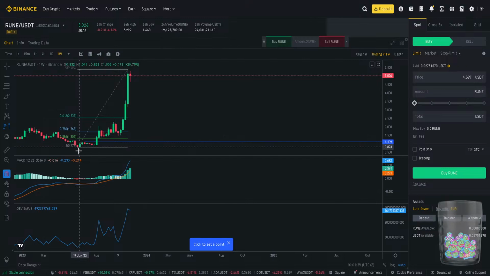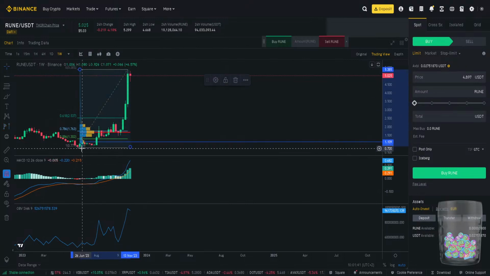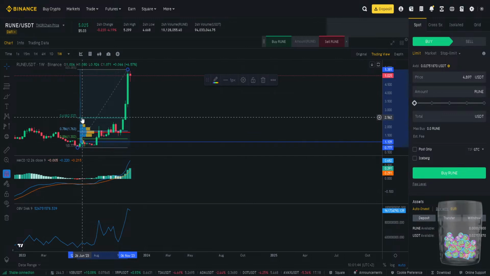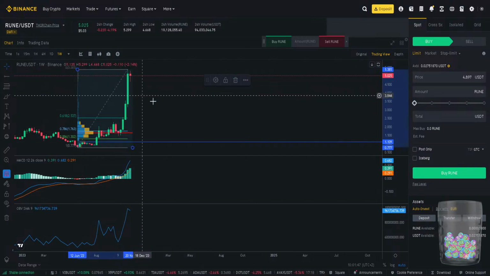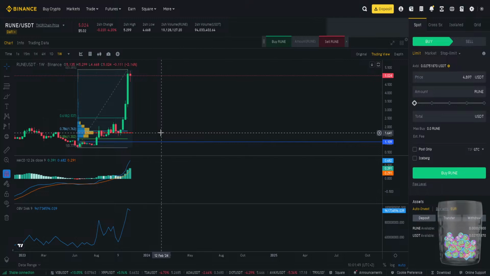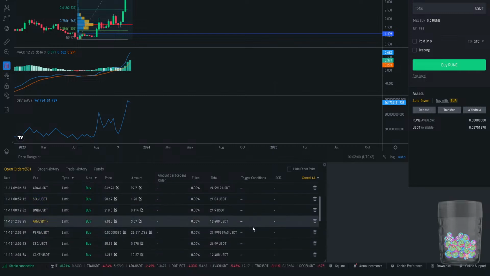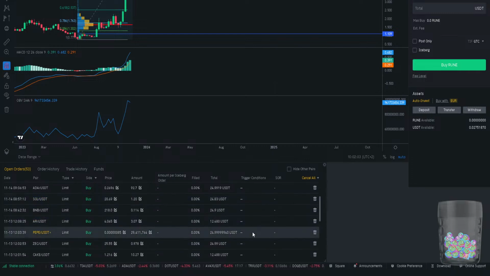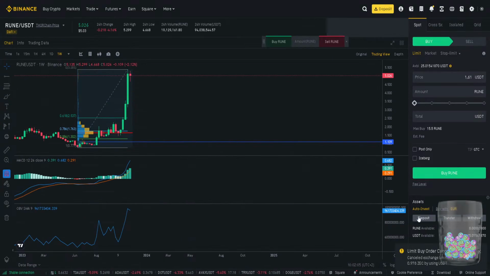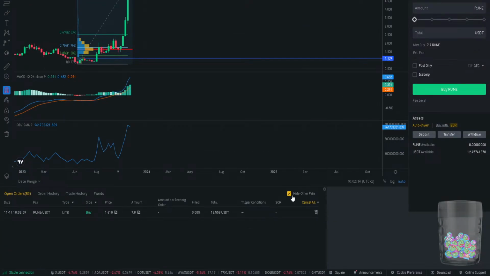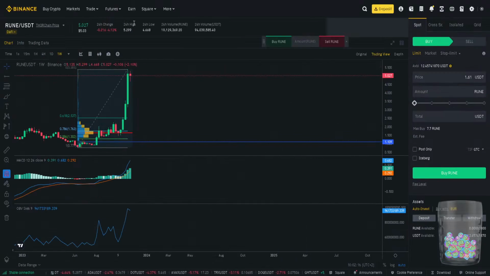Let's see where most of the volume was traded recently. Yeah, to this area here, 1.61. That's Ruin.